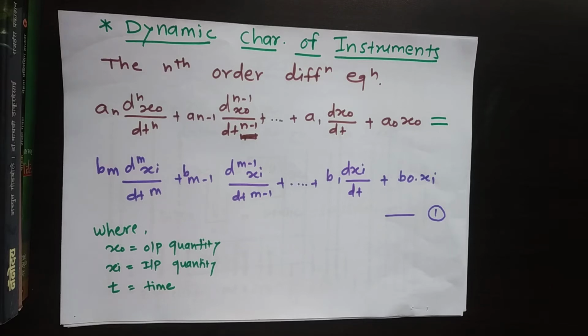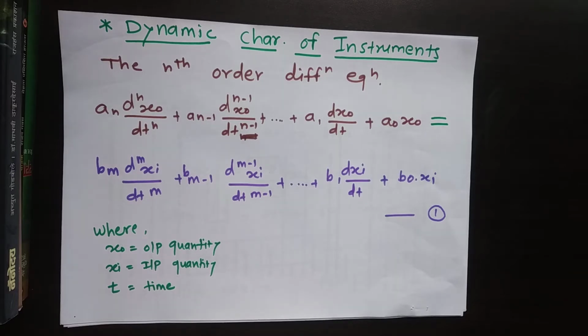In this lecture, we will see the expression for the first order instrument. In the previous lecture, we discussed the generalized nth order differential equation and how to calculate the zeroth order instrument.